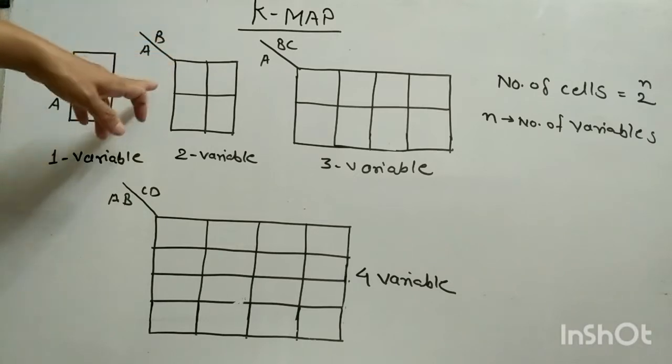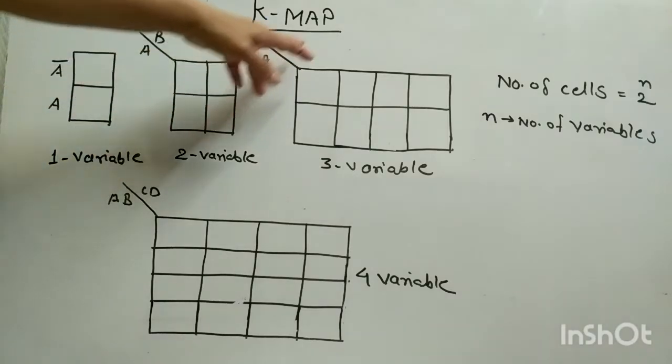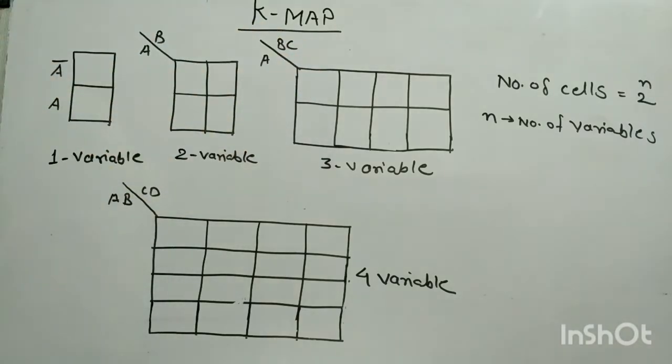The product term associated with each cell is nothing but the product of all the variables in that row and column corresponding to that cell. So first we will see how to label.